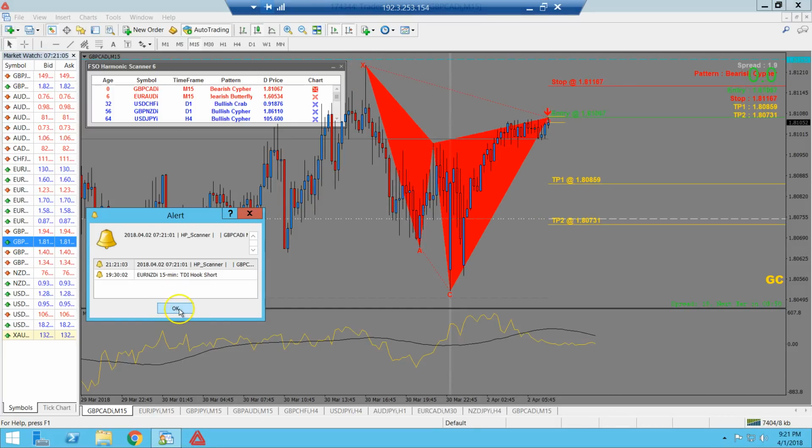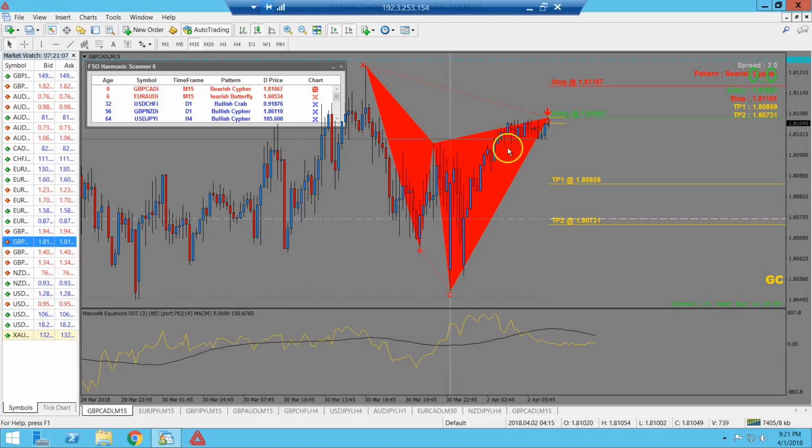So let's see here, and this is a strategy that one of my mentors showed me, or told me what he was doing, and it totally made sense.